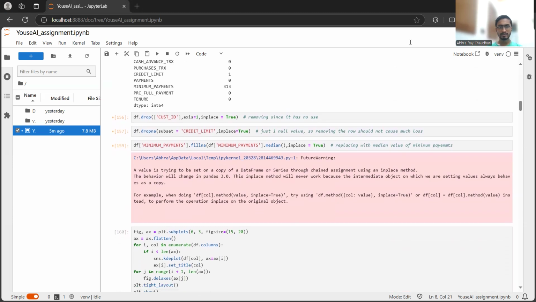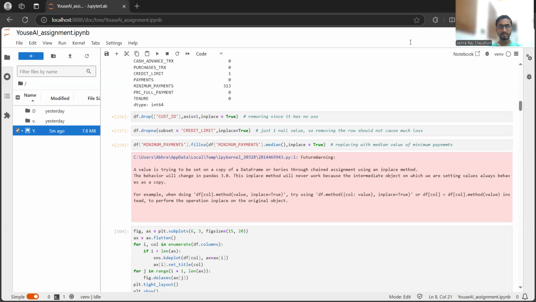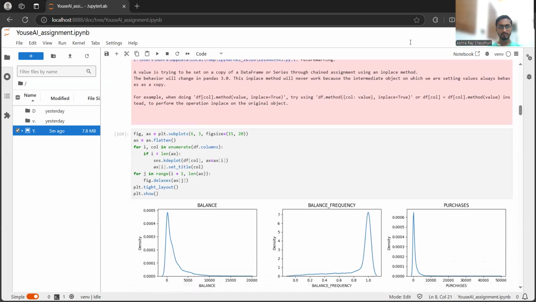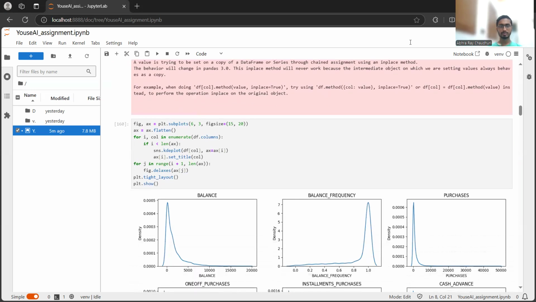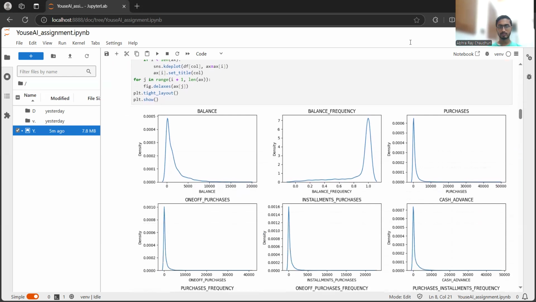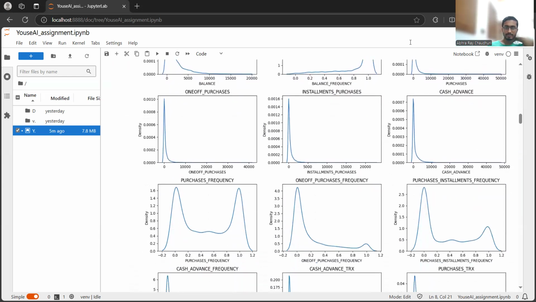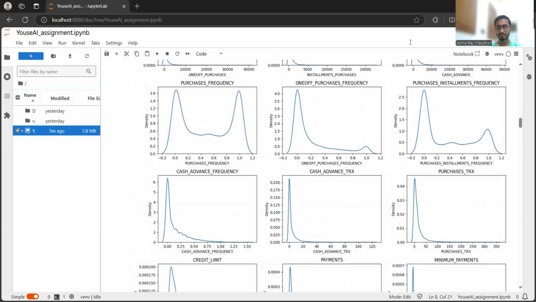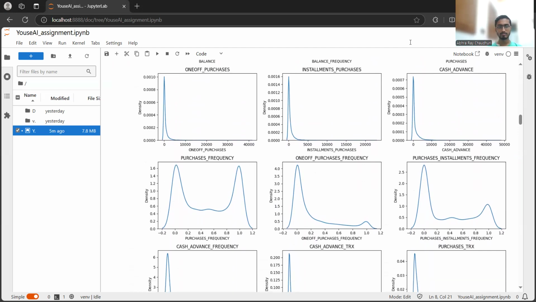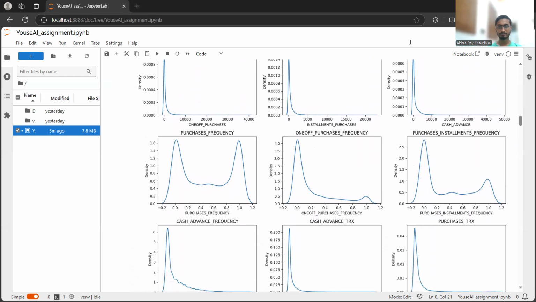In the minimum payments, there are some null values, so we replace those with the median value of the minimum payments. Then we plot the different columns. We find that various columns are skewed. Some skewed columns have values much more than 100,000, and some columns have values from 0 to 1.